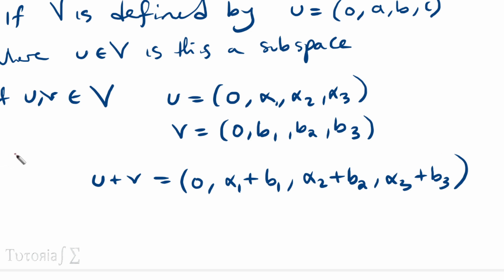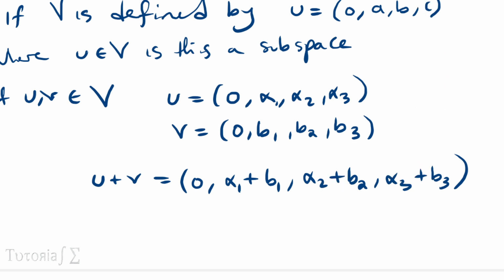No, so you are comparing to this. Here, do you have a 0 on the first entry? Yes, we have a 0. Here, do we have any other scalars? Yes, we have any other scalars. Here, do we have any other scalars? Yes. Here, do we have any other scalars? Yes.